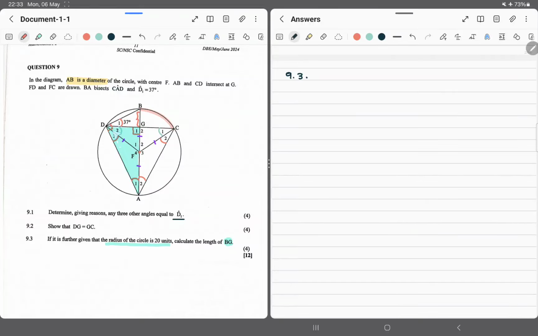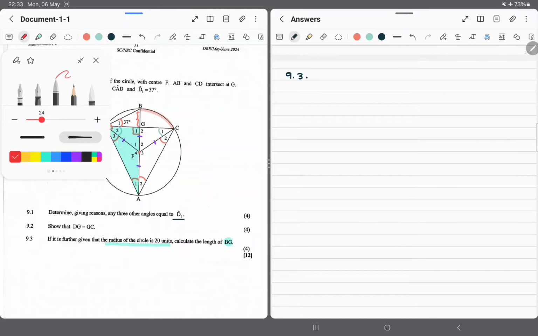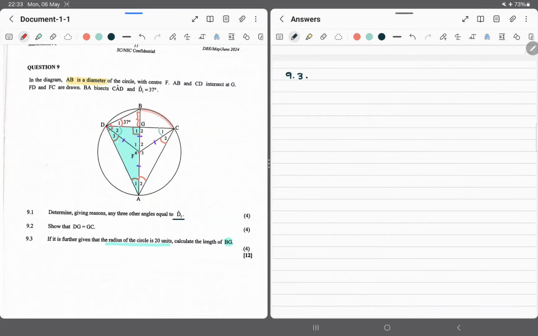Because we now know angle D2, let's look at another triangle to do our gymnastics on. So if we look at this triangle, guys, master these diagrams because they have everything in there for you. Can you see we've got 90 degrees there?